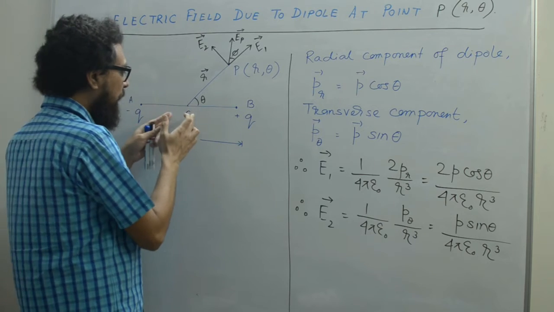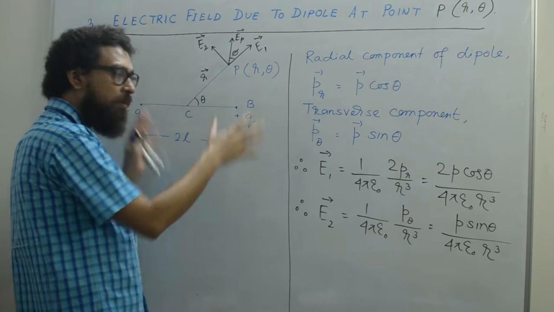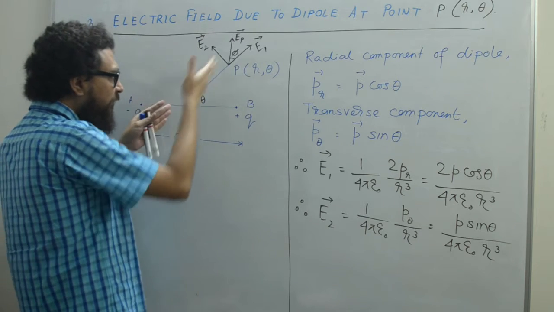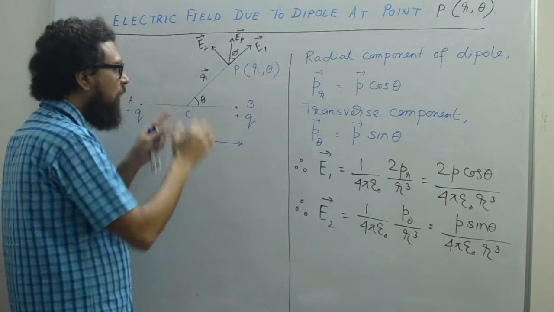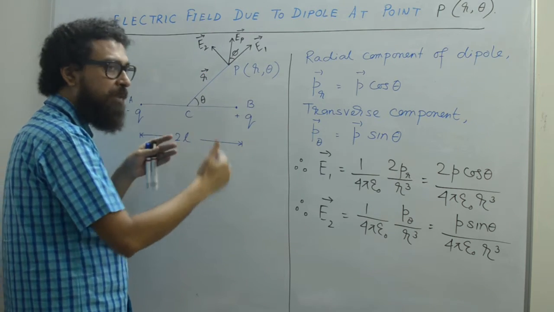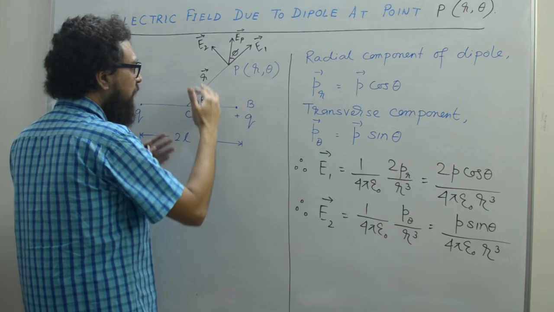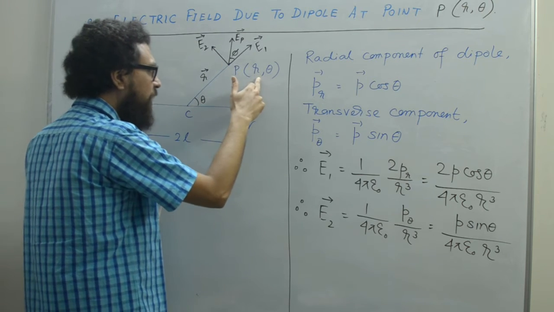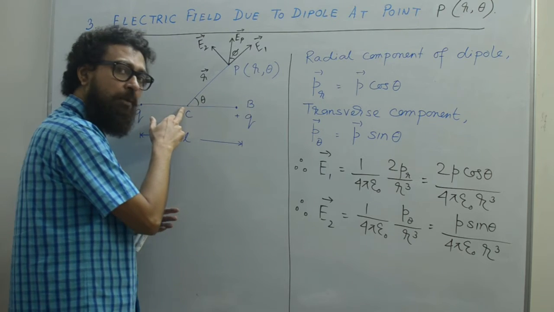We are assuming that the origin of the dipole, or the midpoint of the dipole, is the origin of this polar coordinate system. So the vector has two things: one is the magnitude and the other the direction. So it is somehow like representing a vector, nothing else. So we are writing in this way that the position vector, the point P, has a radial vector which is r, and it is making an angle theta at the origin.